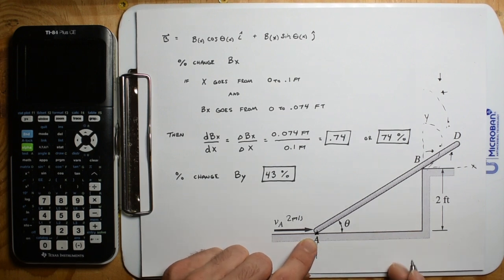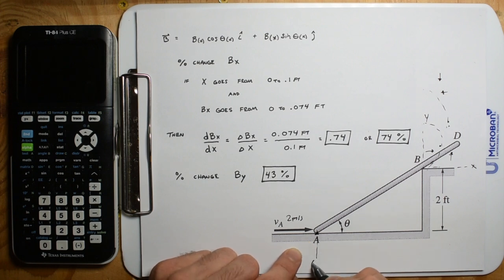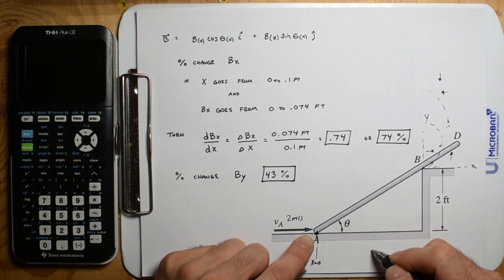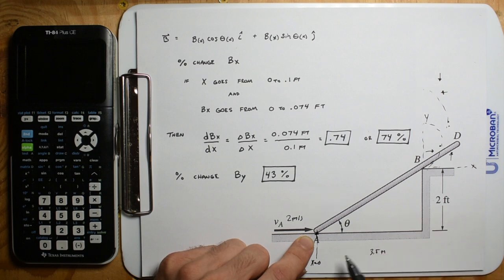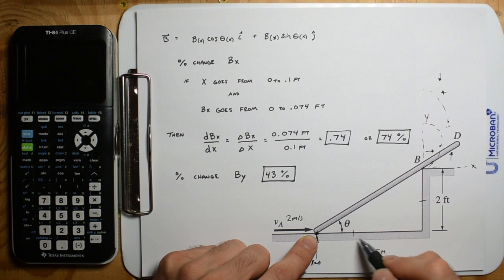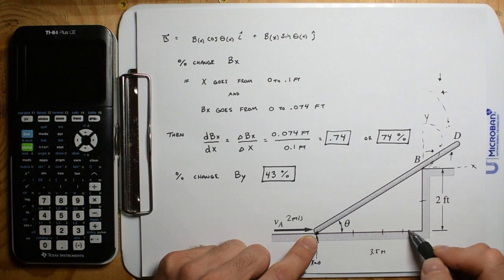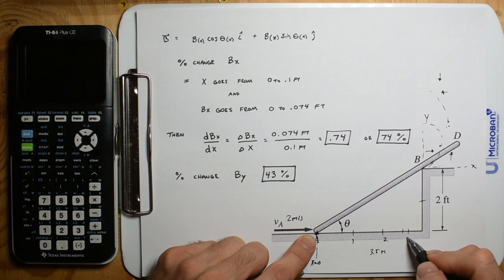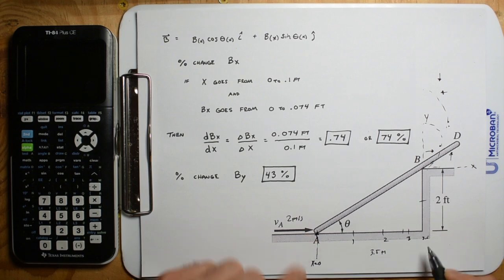It took a long time to set up, but we finally got it. So this is going to be my x equal to 0, and if this is 2 feet, this is about 3.5 feet. So this is going to be 1 foot, 2 feet, 3 feet, and then 3.5.